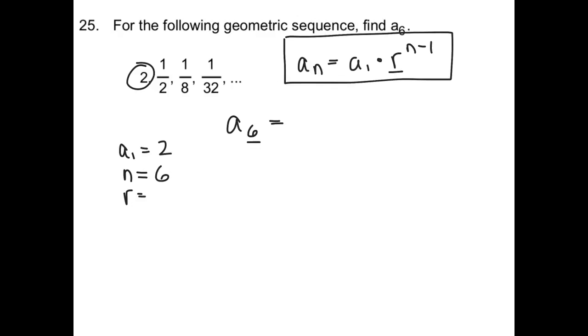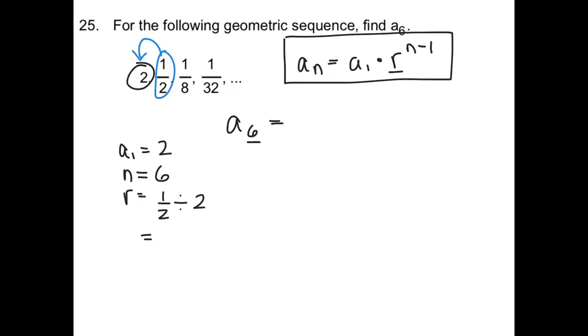So to find r, you can take the second number in the sequence, which is 1/2, and divide it by the first number in the sequence, which is 2.